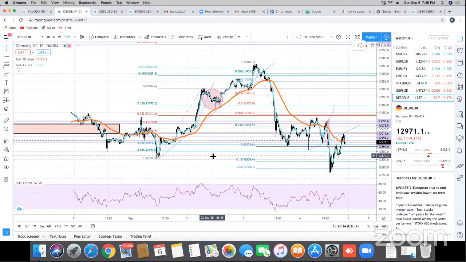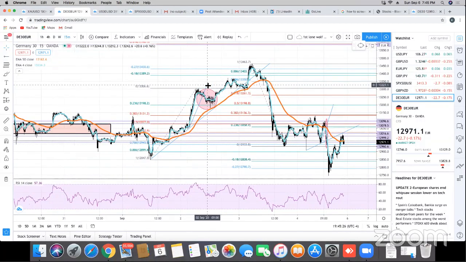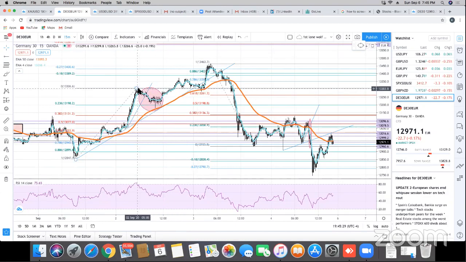My next move is going to come when, and this is where I think some patience comes in, when you have a swing low and you have to wait. What I found was waiting on the swing high. So even though, let's say price is here, let's say I opened up the chart and none of this was here, I'm still not going to jump into that trade until I have an official swing high, which would be this area right here.